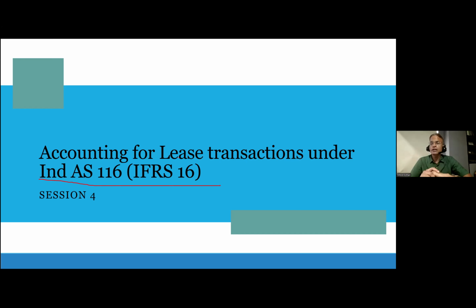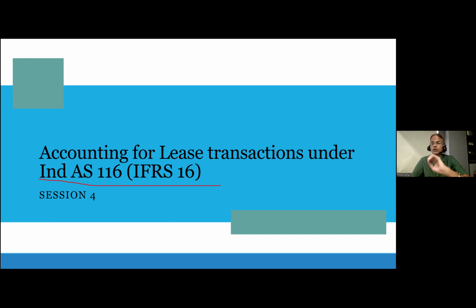In the international context, other than countries which have adopted IFRS 16, I would earlier mention that the US happens to be one of the major jurisdictions which has still not adopted IFRS, and therefore in the US the accounting for lease transactions is done based on ASC 842, which is also equivalent, not exactly equal, to IAS 17.